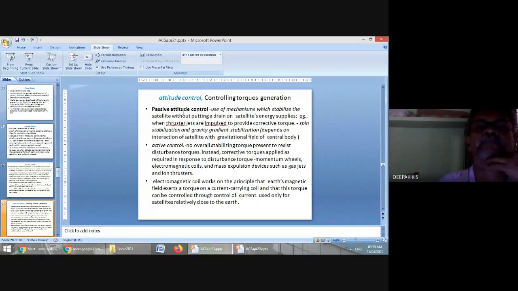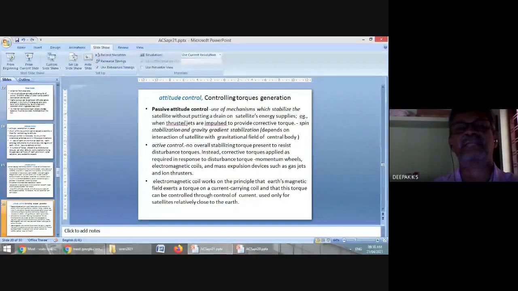One is passive attitude control. This uses mechanisms which stabilize the satellite without putting a drain on the satellite's energy supply. Basically, some thruster jets are impulsed to provide corrective torque.